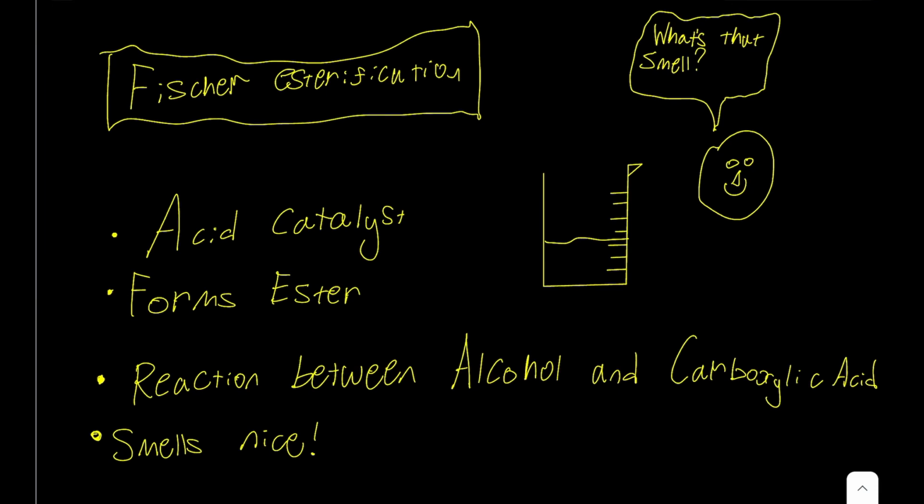Okay, so let's start with the actual reaction. There are different methods of forming esters. All of these methods include a reaction between a carboxylic acid and an alcohol. These are the two compounds that are needed to make any ester, so any ester you'll ever find is made from these compounds.